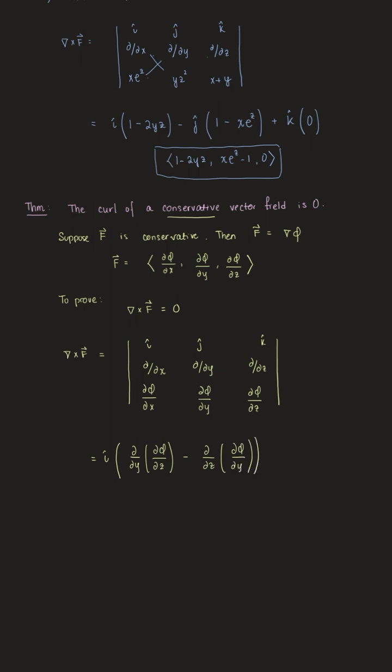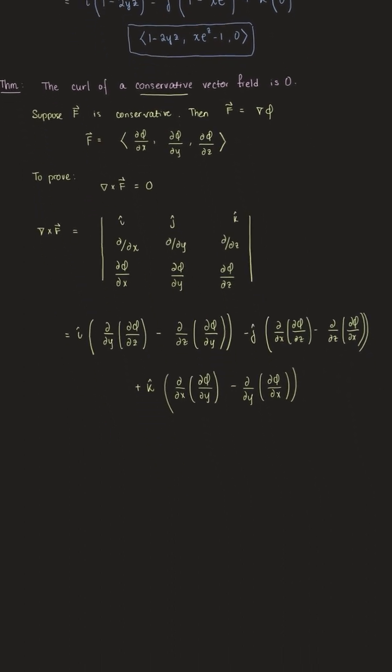That's our i component. Minus j component. That's going to be partial with respect to x of the partial of phi with respect to z minus partial with respect to z of partial of phi with respect to x. And then the k component will be the partial with respect to x of the partial of phi with respect to y minus partial with respect to y of the partial of phi with respect to x.